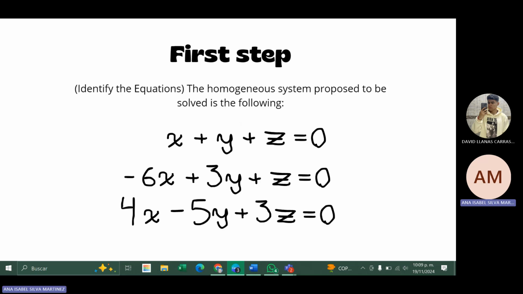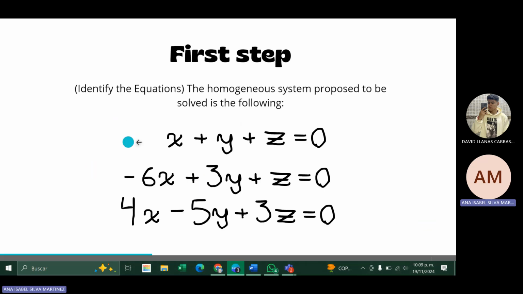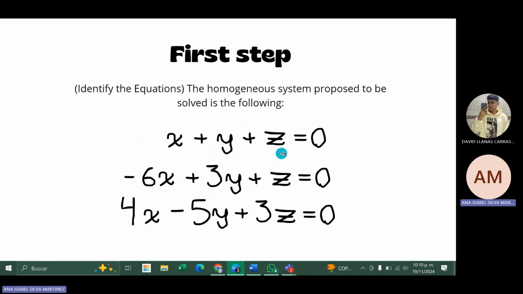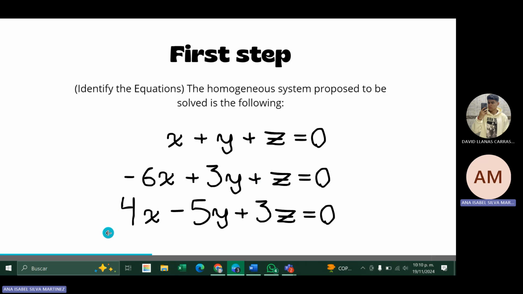Well, we have an example here. x plus y plus z is equal to 0, minus 6x plus 3y plus z is equal to 0, and 4x minus 5y plus 3z is equal to 0.